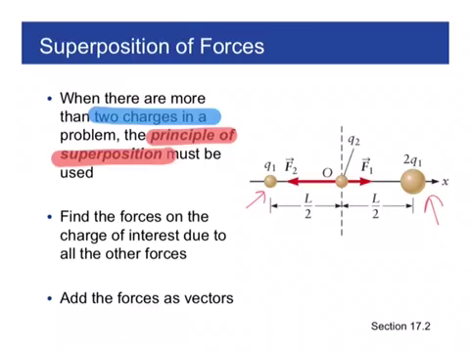Charge Q acting on the test charge with the force F1, and charge 2Q acting on the same charge with this force F2. You have to add those two forces using vector rules, head to tail, and the sum will be this one. This is the net force.